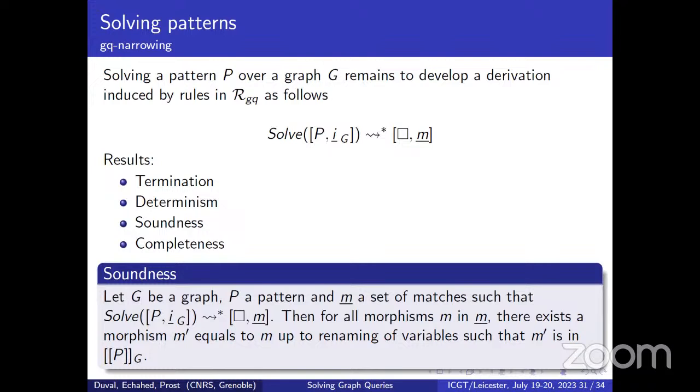And once the normal form is obtained, the variable M is a set of solutions of the pattern. We can prove that this transformation always terminates, and it is deterministic in the sense that, even if P can be nested as deeply as we wish, at each step there is only one redex, and all solutions are sound, and any solution one can think of can be computed.